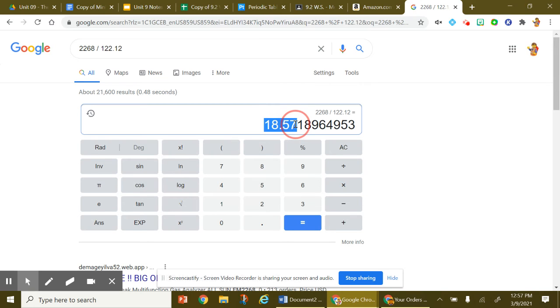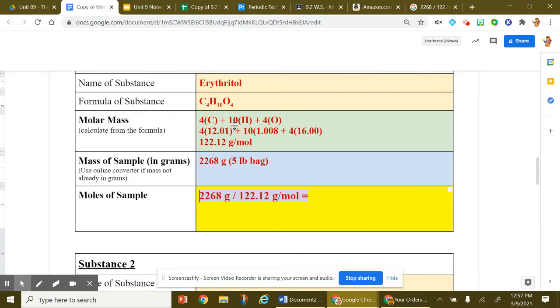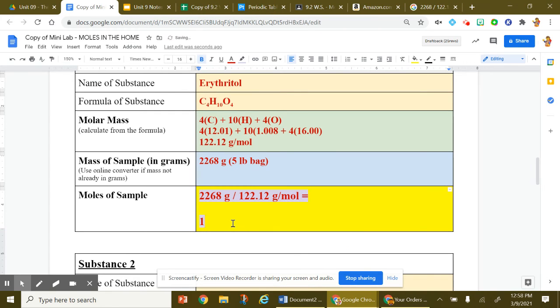Okay, 18.57 moles of erythritol. I have 18.57 moles of erythritol, times 600 sextillion molecules.